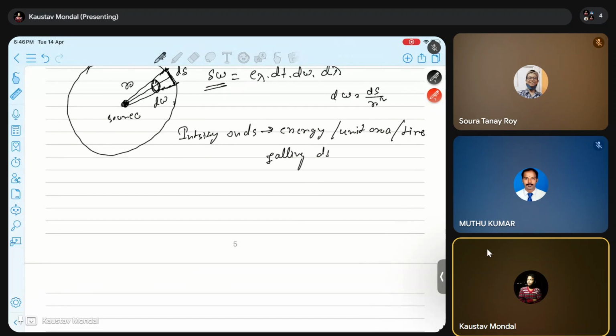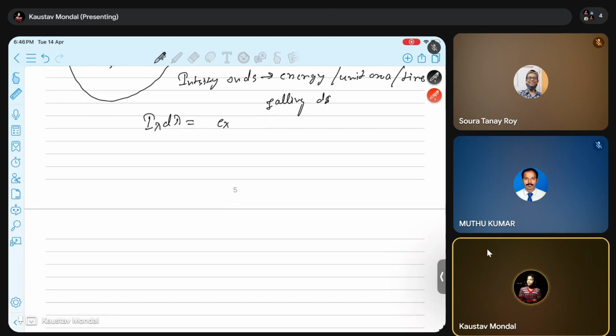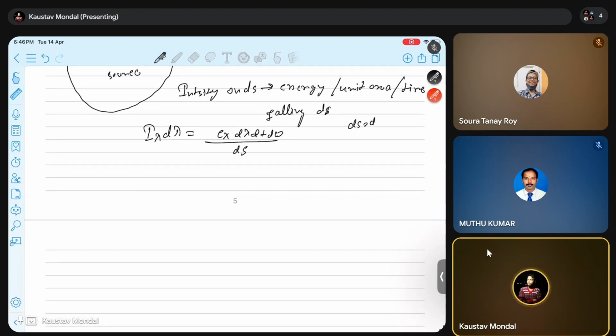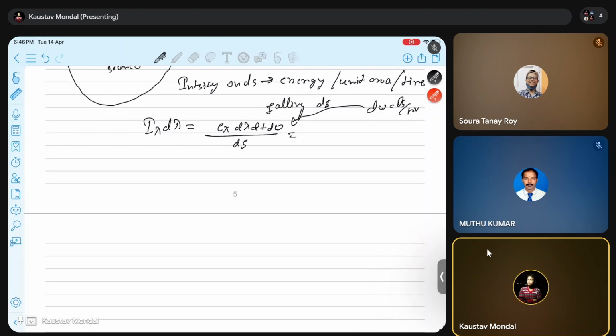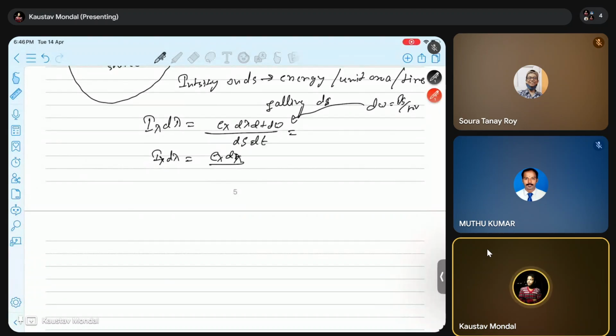So intensity I lambda d lambda will be equal to E lambda d lambda dt d omega by ds. And d omega, we know, is ds by r square. If you put it like this, I lambda d lambda will become E lambda d lambda by r square, since ds will cancel and dt will also cancel.